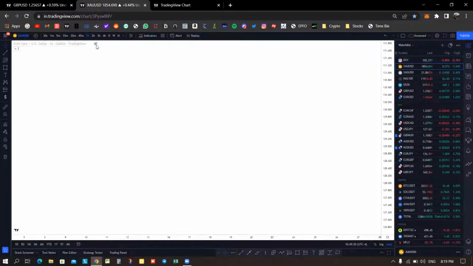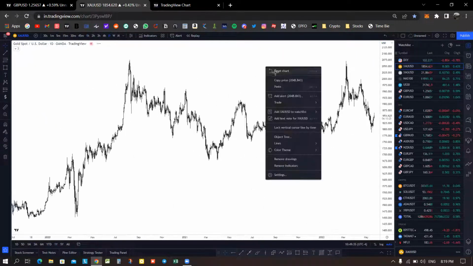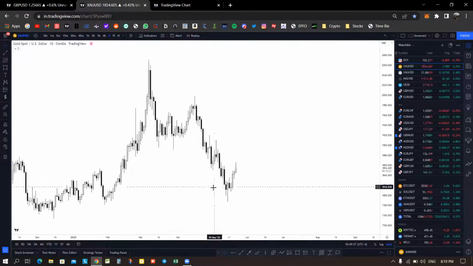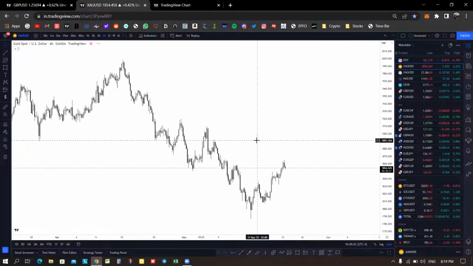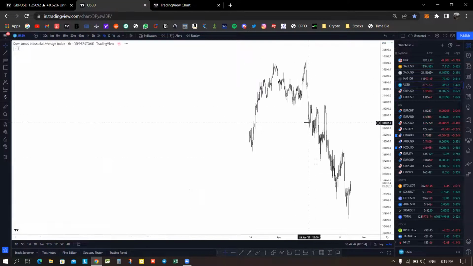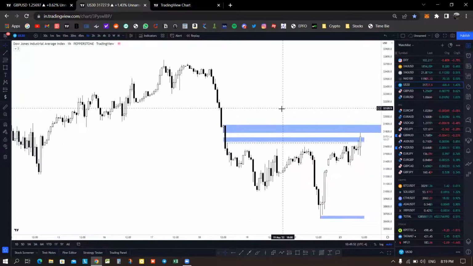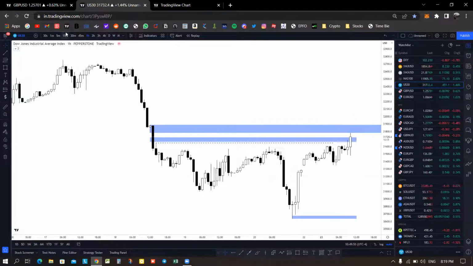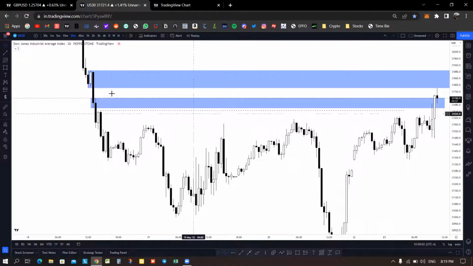Gold. So you see, this was the kissing candle I was talking about.